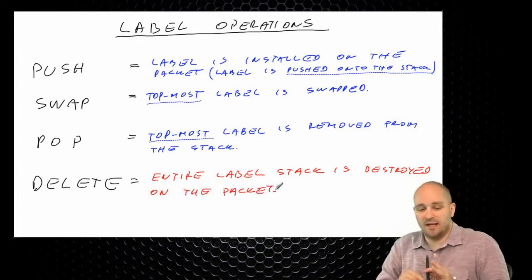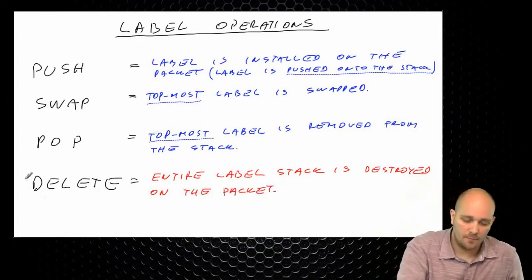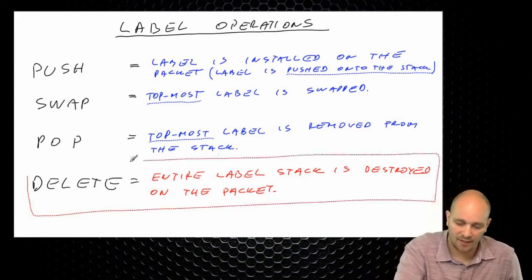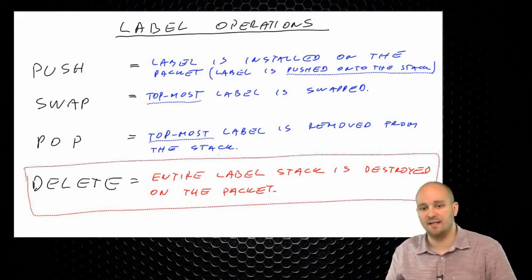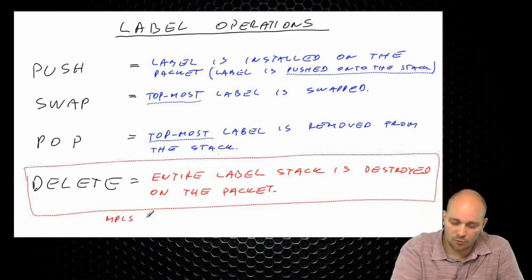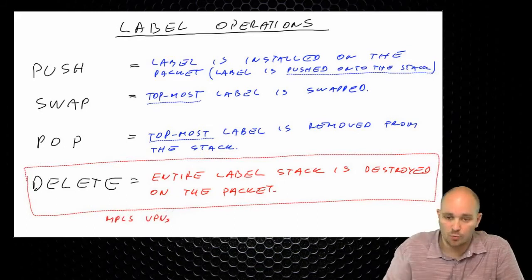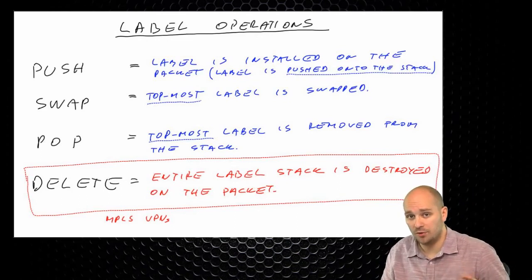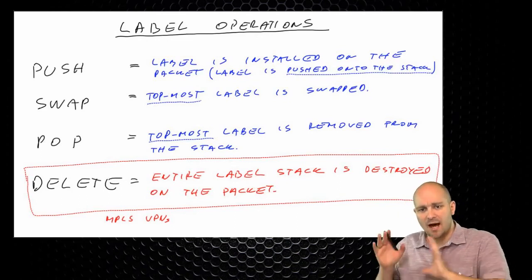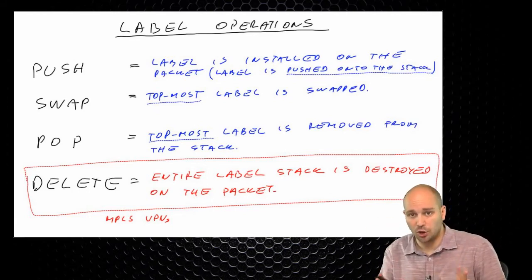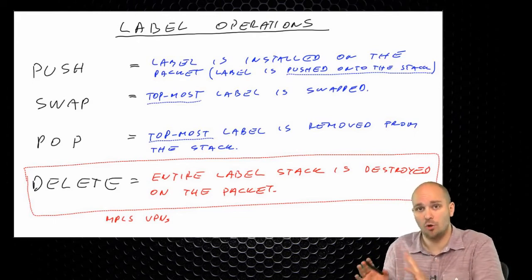This is an extremely dangerous operation, but again, this is something that at this moment in time when I'm explaining MPLS is not that significant, but it is very, very important when you start working with MPLS VPNs, because when you have a delete operation, you are going to have a serious issue with your MPLS VPN reachability. Again, I will explain what this pushed onto the stack, pop from the stack, or topmost label means, but at this point here, those terms may not make much sense, but this is what the operations do.